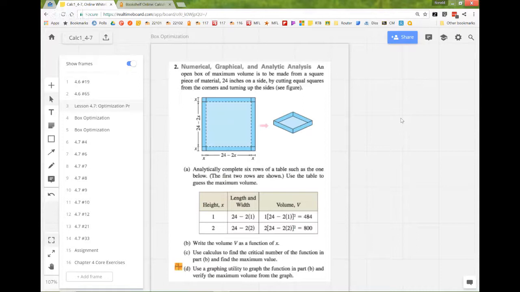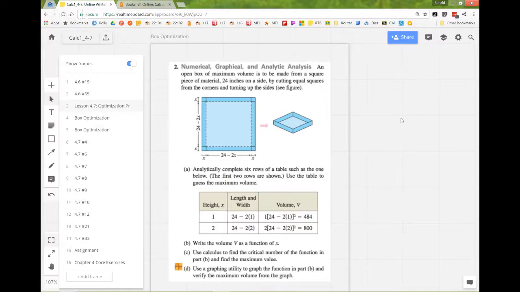For example, if you made the cutout 12 inches, what would happen? 12 inches out of each corner and you wouldn't have any bottom left. So that's not going to work. If you take out just a little, then the box is going to have a very small height, and that may not give you a very big volume. So the question is, what's the ideal cutout to give you maximum volume?